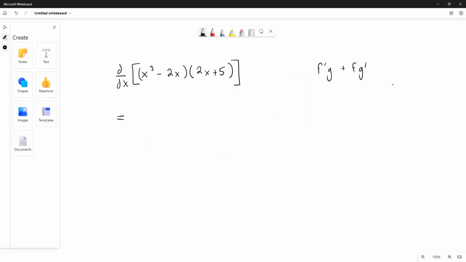And that equals, okay, we'll do the derivative of the first piece, which is 2 terms, so I'll keep it in parentheses, so that's 3x squared minus 2 times the second piece as it is, 2x plus 5, plus the first piece as it is, x cubed minus 2x times the derivative of the second piece, which is 2.